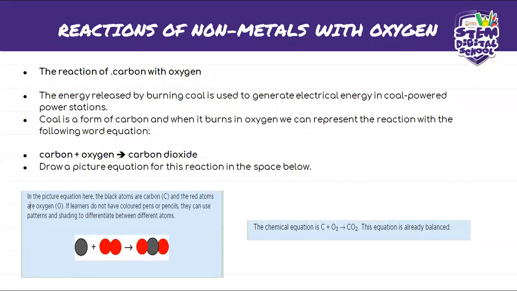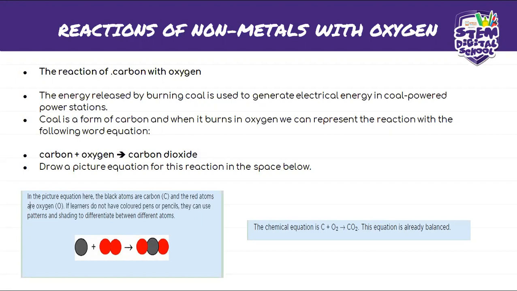And then the chemical equation can be represented like this. Here this is a picture of the equation, and then this is the chemical equation that is represented using what? Formula or the symbol. So you see C plus O2 is giving us what?